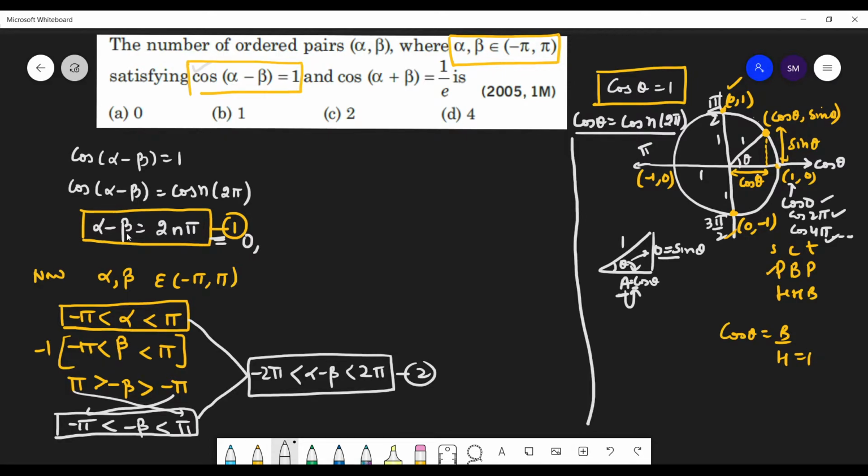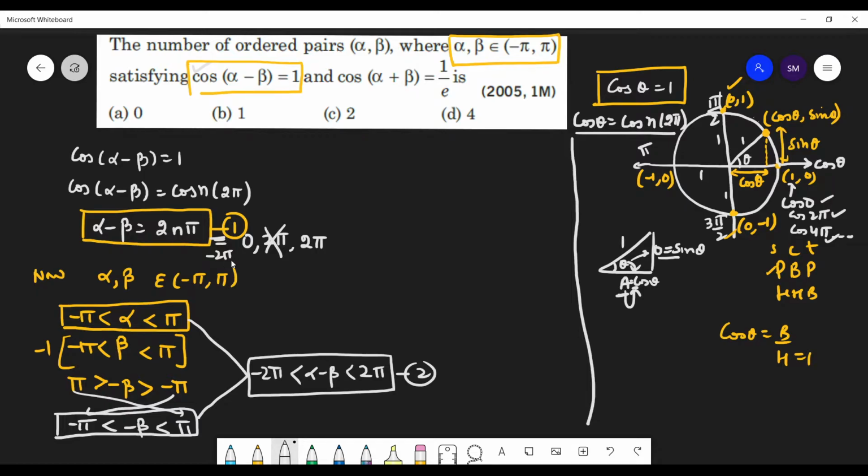So either this is equal to 0, or here also it is written. Now n equal to 1 gives 2 pi, 4 pi. See, what interval is it? It is greater than minus 2 pi and lesser than 2 pi. So this will not be there.